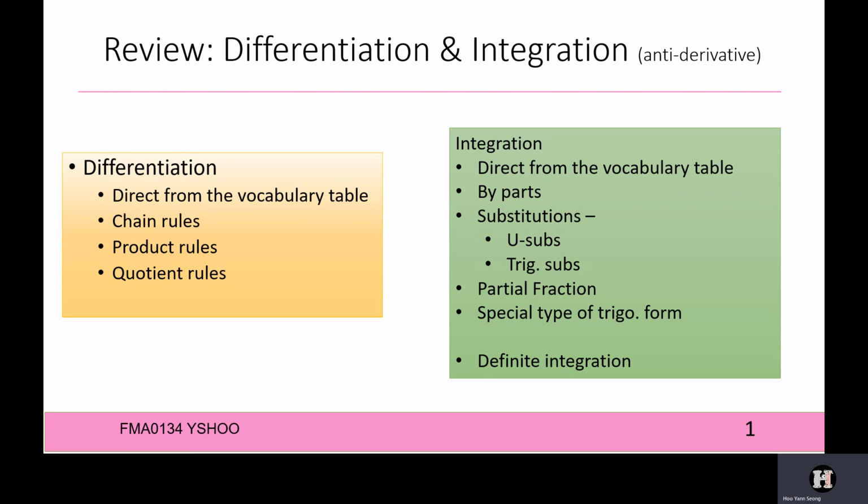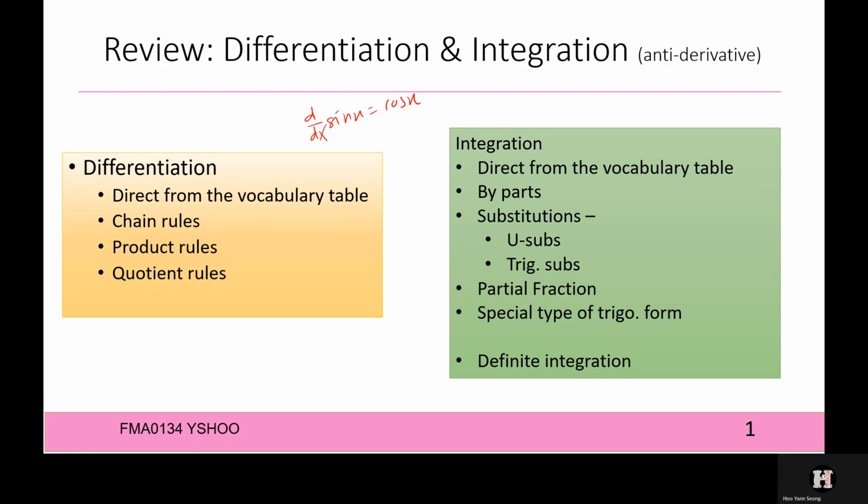In differentiation, regardless of what level you're going to, the method for differentiation only has these four. The first one is you differentiate directly from the vocabulary table. What is the vocabulary table? It's just like a standard table, where if you differentiate sine x, you will get cos x.